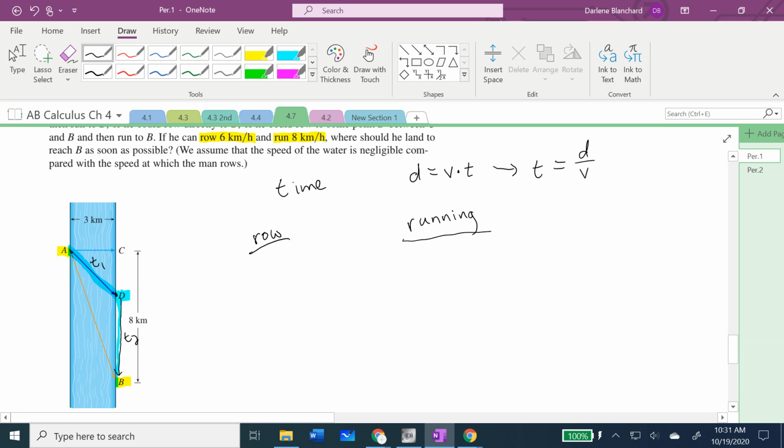So I've got my rowing time, which is going to be the distance that it takes to go from point A to point D, that distance, divided by the speed, which is 6 kilometers per hour.